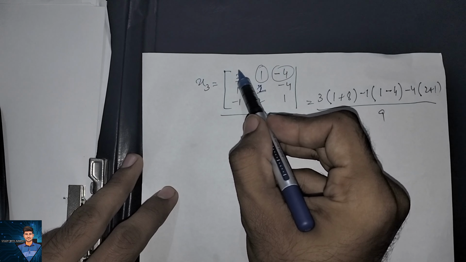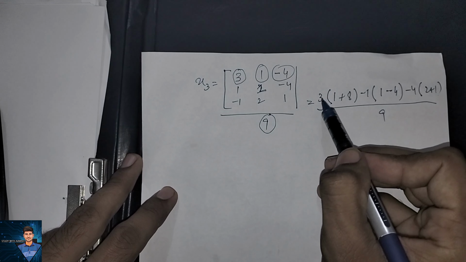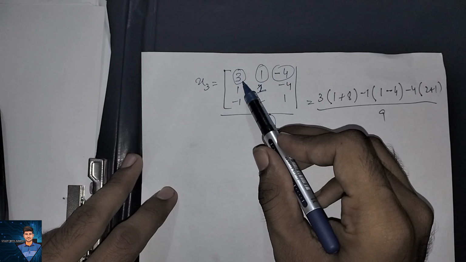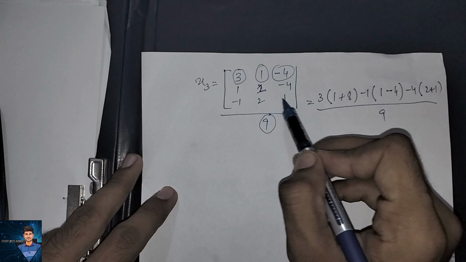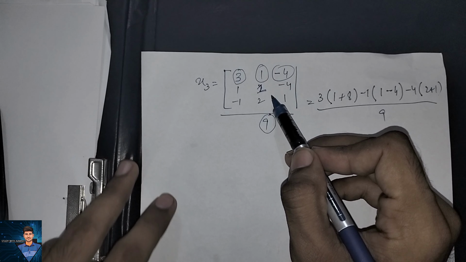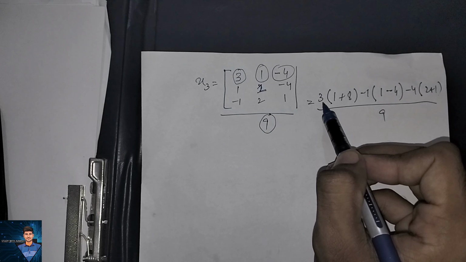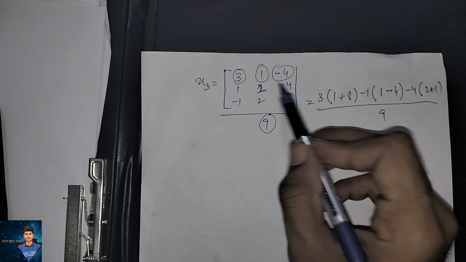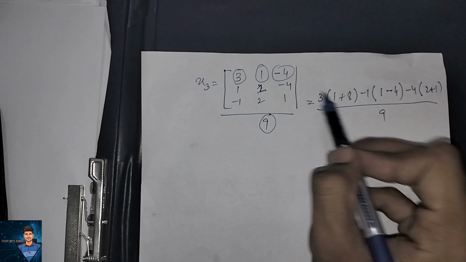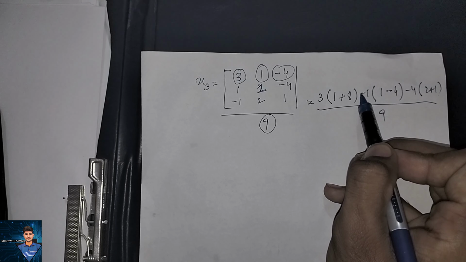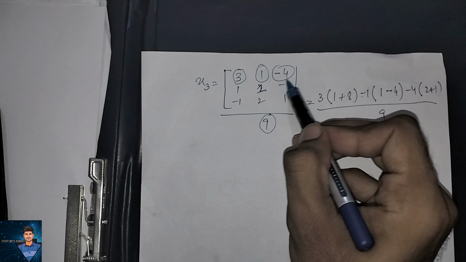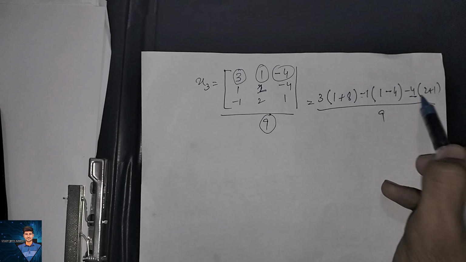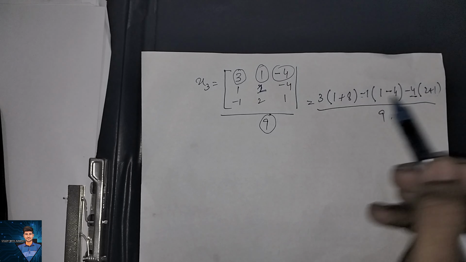And with this row we will start with this variable 3. We will take 3 and we will multiply like before. We will take the determinant and it will give us 3 into 1 plus 8, then we will take 1. The minus of the formula will be here, minus 1 into 1 into minus 4, then we will take it to minus 4 here, and 2 plus 1 divided by 9.